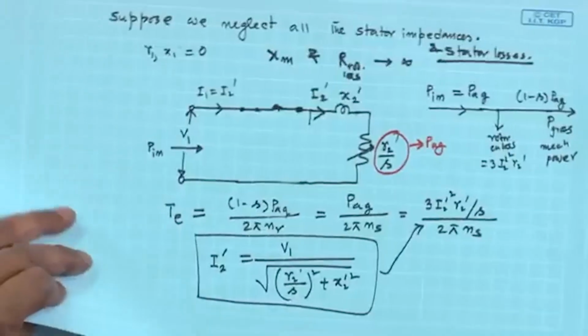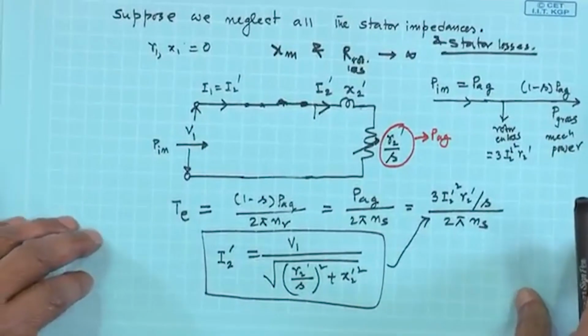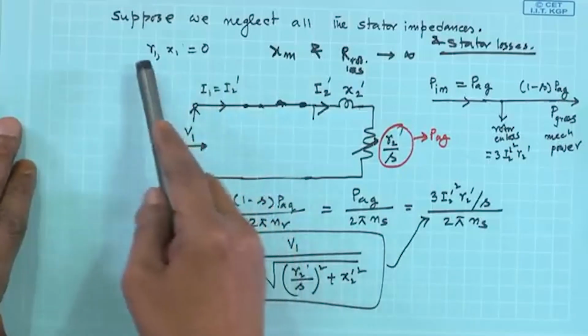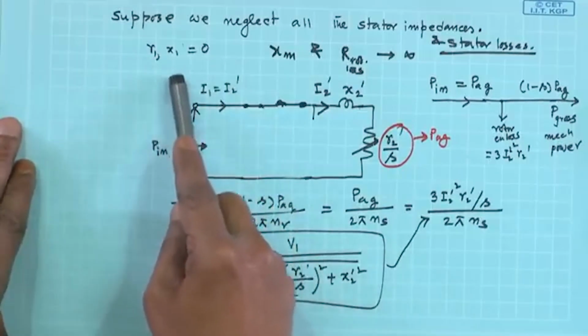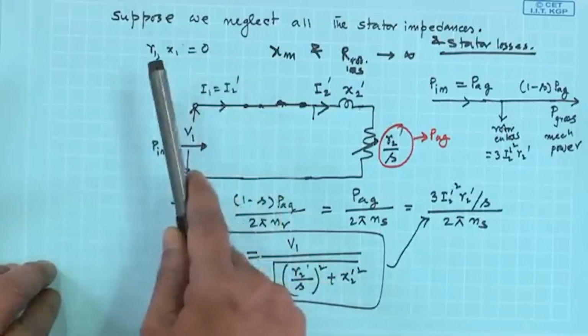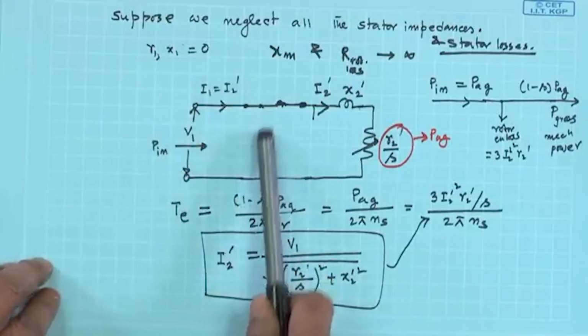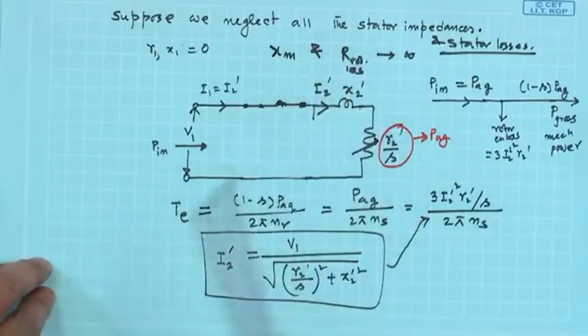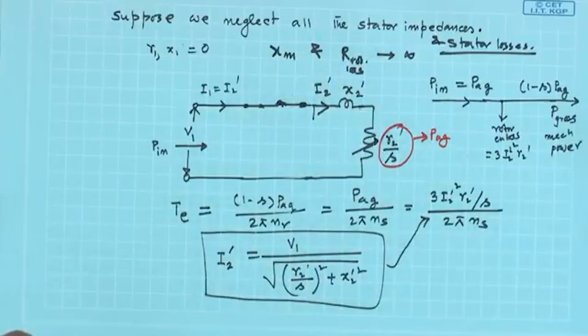What I told is that you find the equivalent circuit assuming that the stator impedance is very small, that is, R 1 x 1, the series part of the stator impedance, is vanishingly small, 0, and the parallel branch x m and the loss representing rotation of the machine.